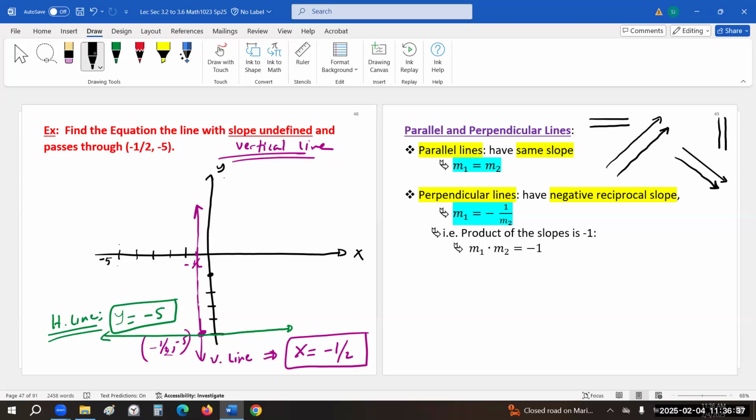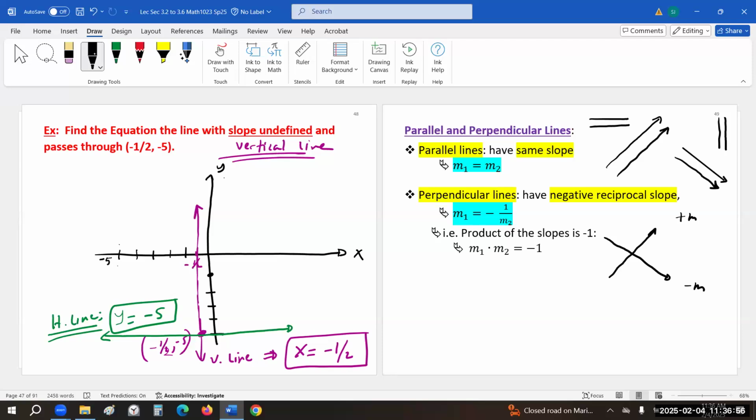So if one line is increasing, it means our slope is positive. Its perpendicular line must have a negative slope. So positive slope, negative slope.